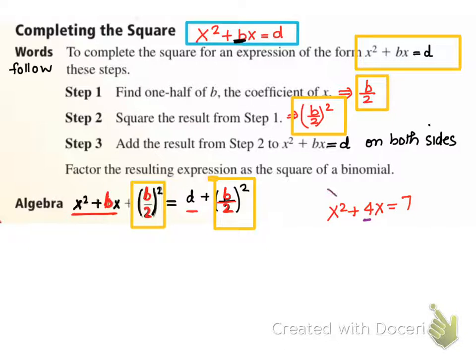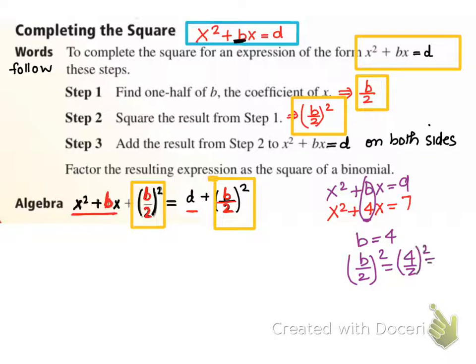This is x square plus bx equal to d. Our b is 4, but I'm not looking for only 4, I'm looking for b over 2 whole square, and that's 4 over 2 whole square, and that's again 4.